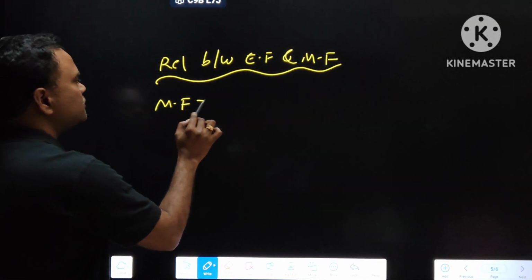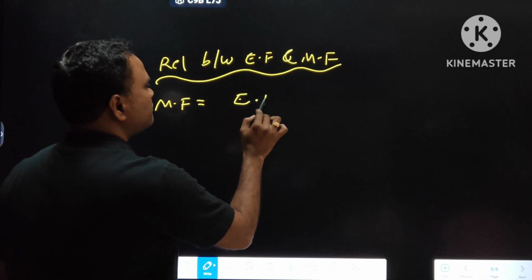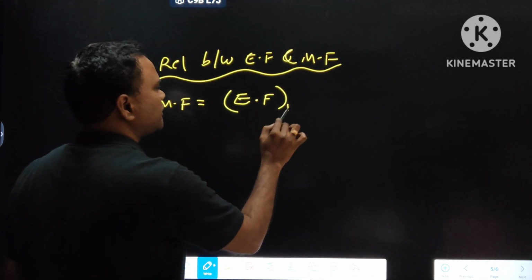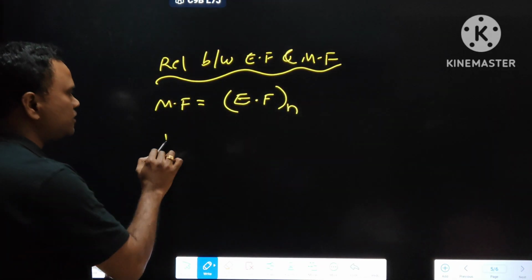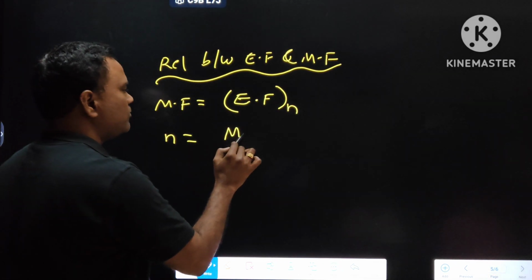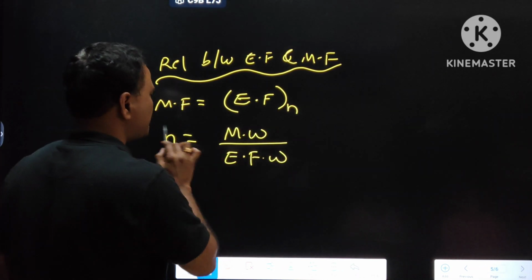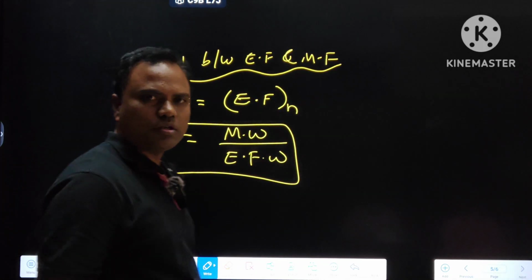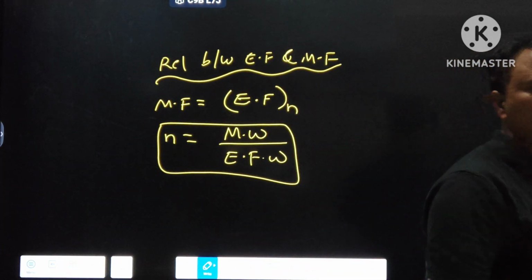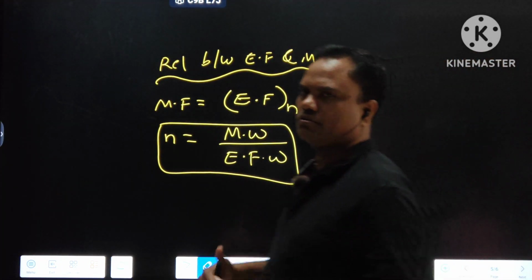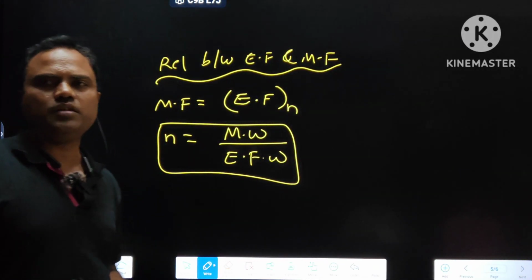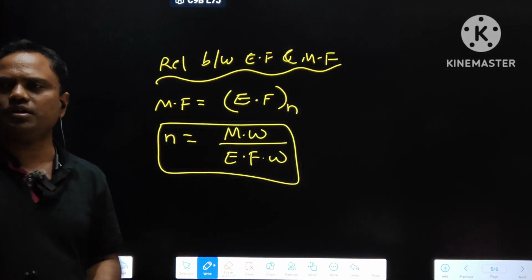Molecular formula is equal to empirical formula taken N. What is N here? Molecular weight by empirical formula weight. Let us do one question on this. If we know empirical formula, then we can find molecular formula.